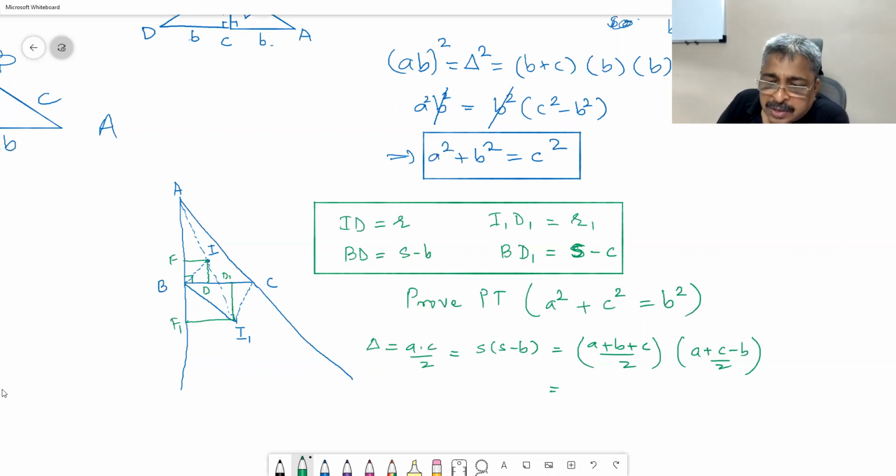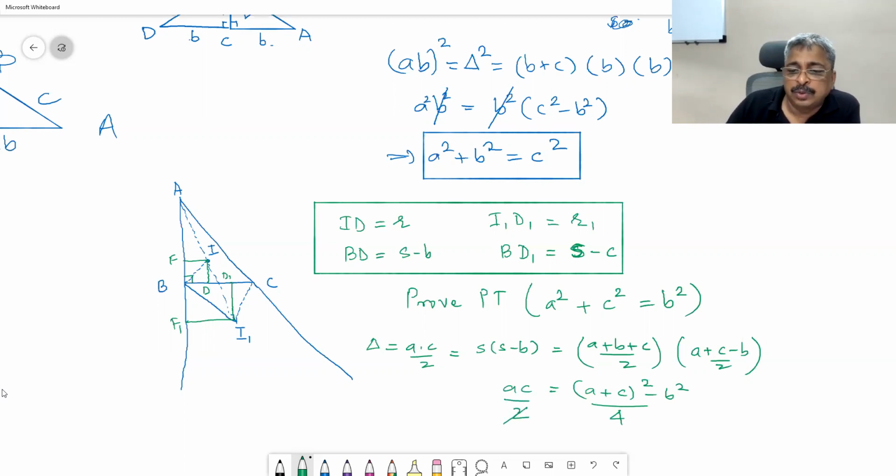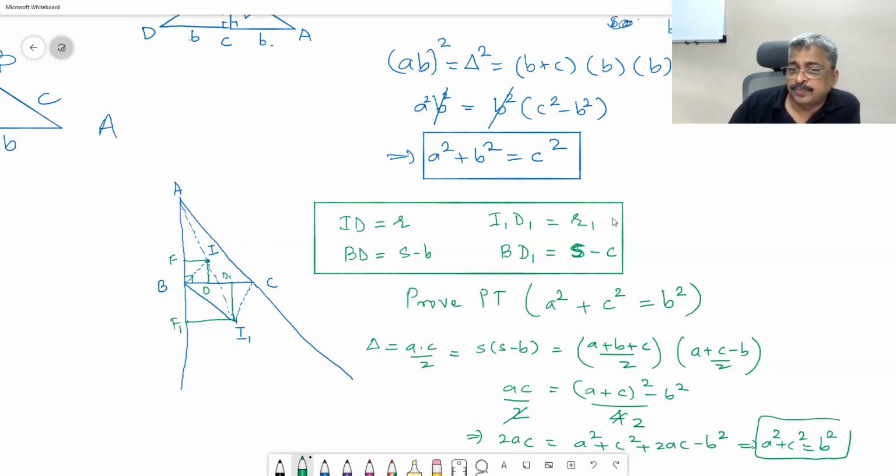Therefore, this is (a plus c) whole square minus b square upon 4 is equal to ac upon 2. The 2 is gone. Therefore, twice ac is equal to a square plus c square plus twice ac minus b square, so a square plus c square is equal to b square. Pythagoras is proved.